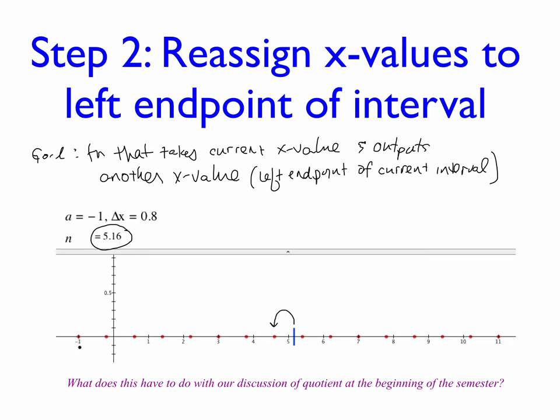Well, the most intuitive way, at least in my mind, is to think, okay, I'm starting here, and I want to get to here. This is my goal. So I have a starting value, and I've conveniently partitioned lengths along my x-axis.